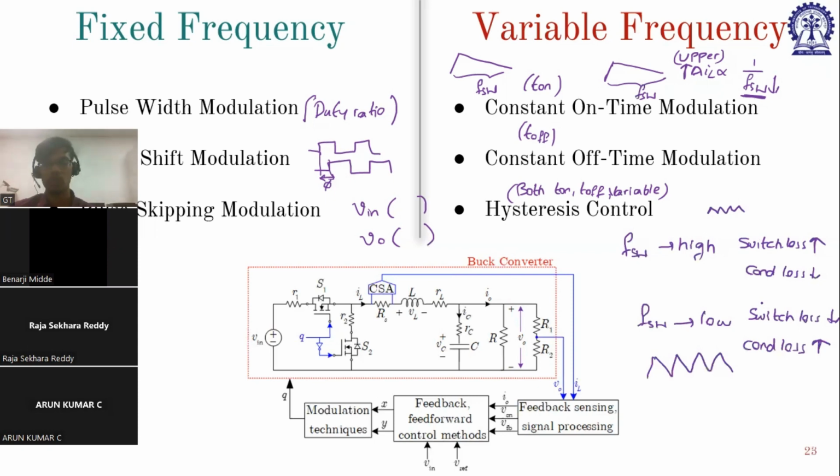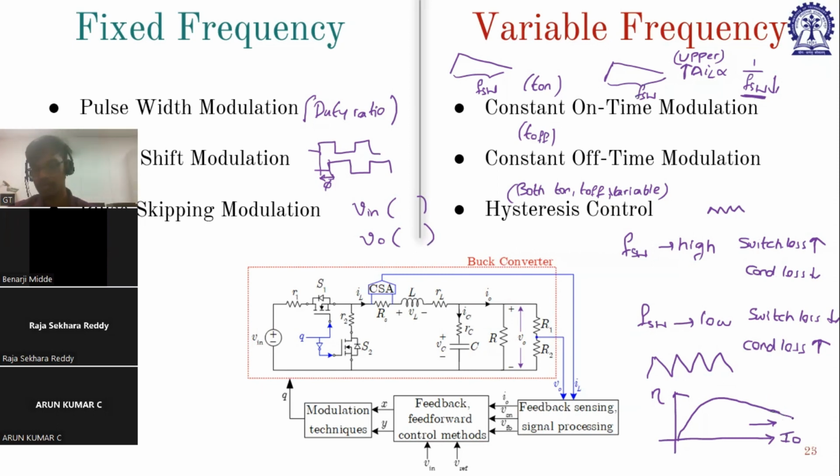Depending upon that, for a fixed frequency, if you consider a plot of efficiency versus I naught for a buck converter, the efficiency curve will look something like this. As you go to a higher I naught, the switching frequency is fixed and I naught we are increasing, so the current passing through the inductor will increase and conduction losses will become dominant.